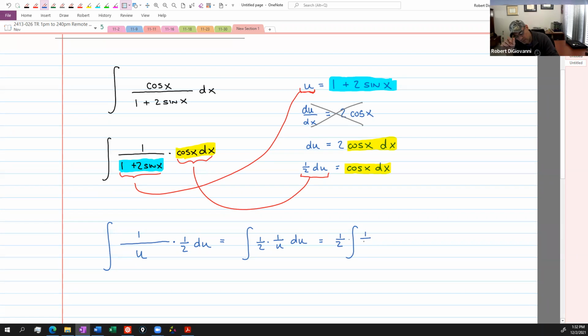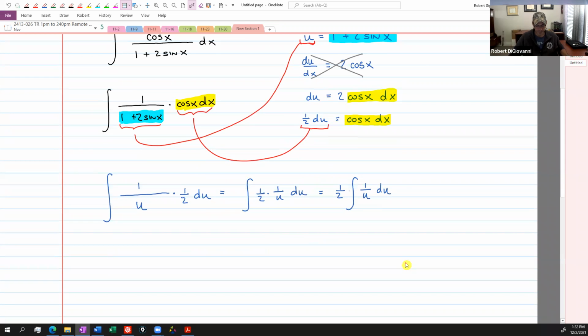So I'm going to take the 1/2 and put it to the outside. That is always allowed, as long as whatever it is is a constant. You can never pull something out that has a variable in it, for the same reason you couldn't do that when you were taking derivatives. You couldn't just ignore part of it because you didn't want to deal with it.